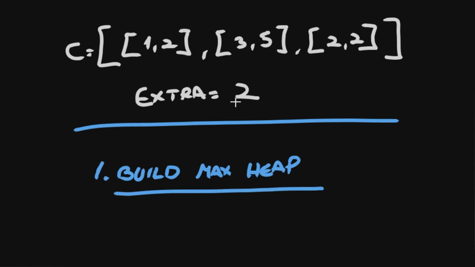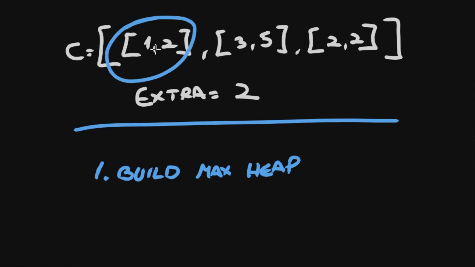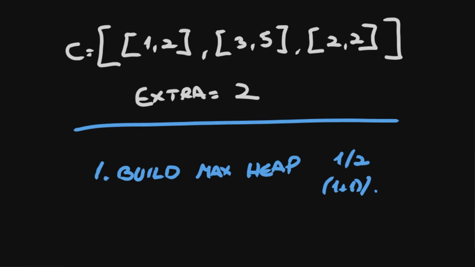So we can iterate every class. We start from here and we do the same as before. We take the current pass ratio, which is 1 divided by 2, and the new pass ratio, which is 1 plus 1 divided by 2 plus 1, and the difference among these two in this case is 0.166.